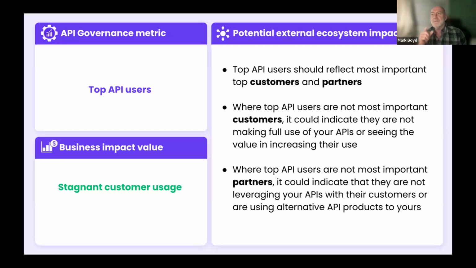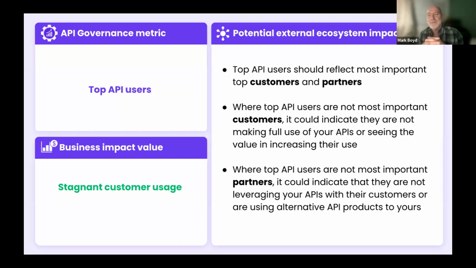So you've got to speak to your line of business and know who those are, for starters. And if they're not in your top 10, then they're probably stagnating. They're using your APIs the way you had originally intended. They're not exploring new API use case opportunities. Their business is just spinning wheels, so they're not growing their API usage every month at a faster rate than what you're seeing across the board for customers.